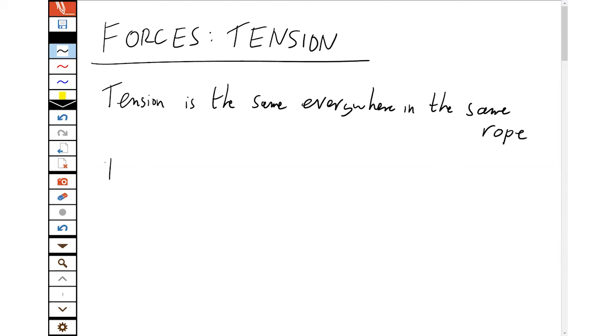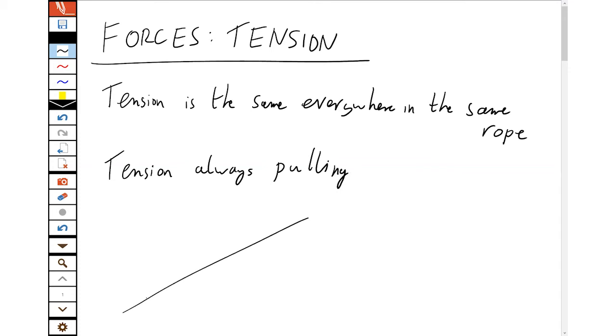And the tension is always pulling. So what do I mean by that? Well, let's say we have a slope with two blocks, A and B, connected by a rope. Now, if they are connected by the same rope, that means there's the same tension everywhere in that rope.